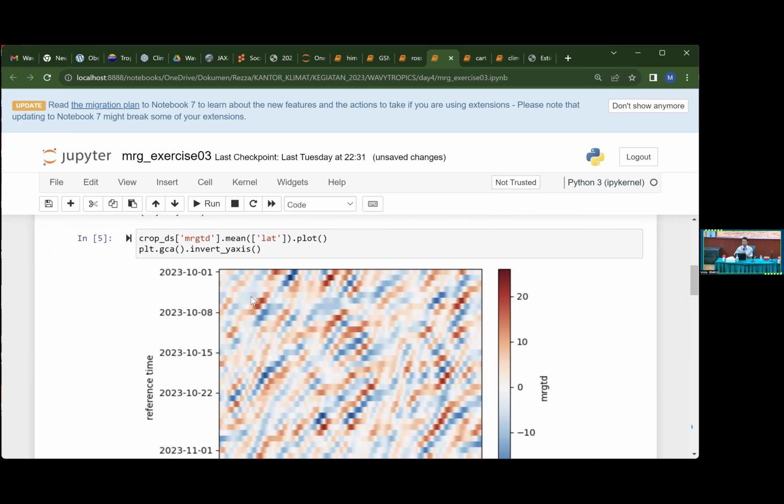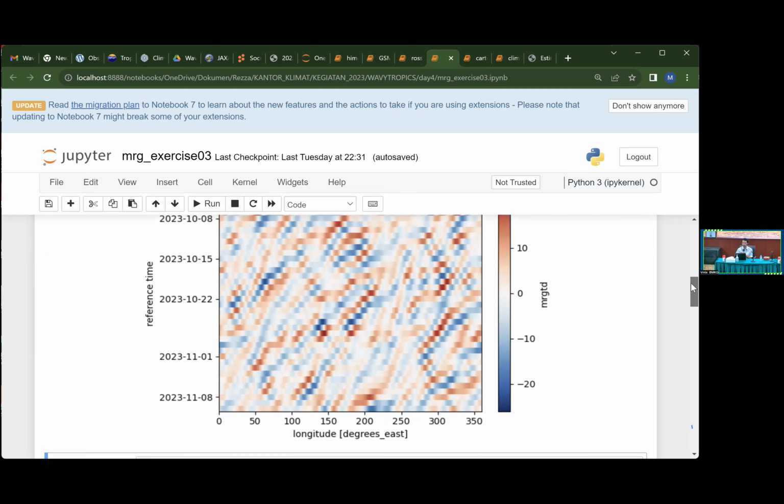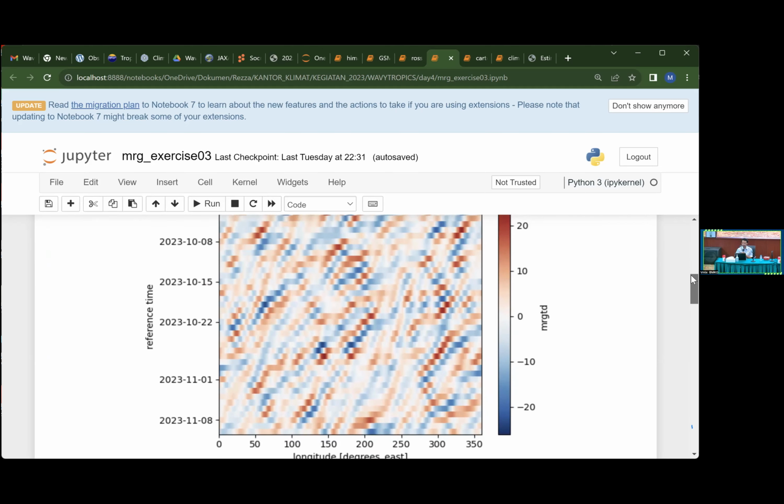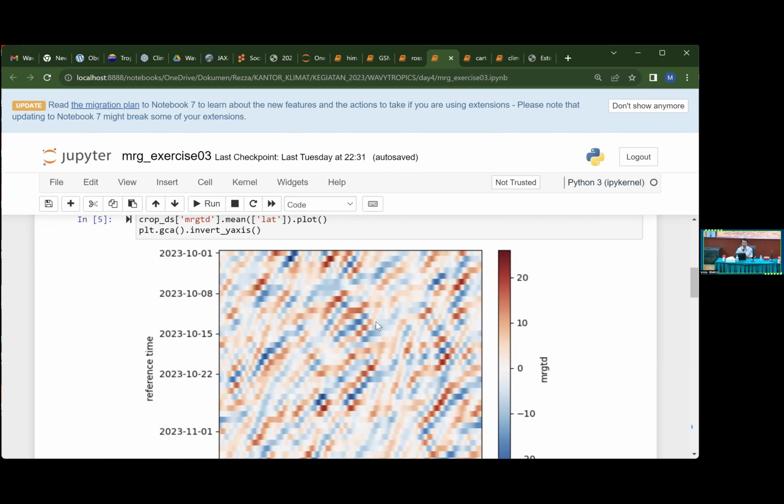Okay, here we go. So now the top is October 1st. So going to the left would be the westward propagating signal. So we see a lot of westward propagating signal right here.